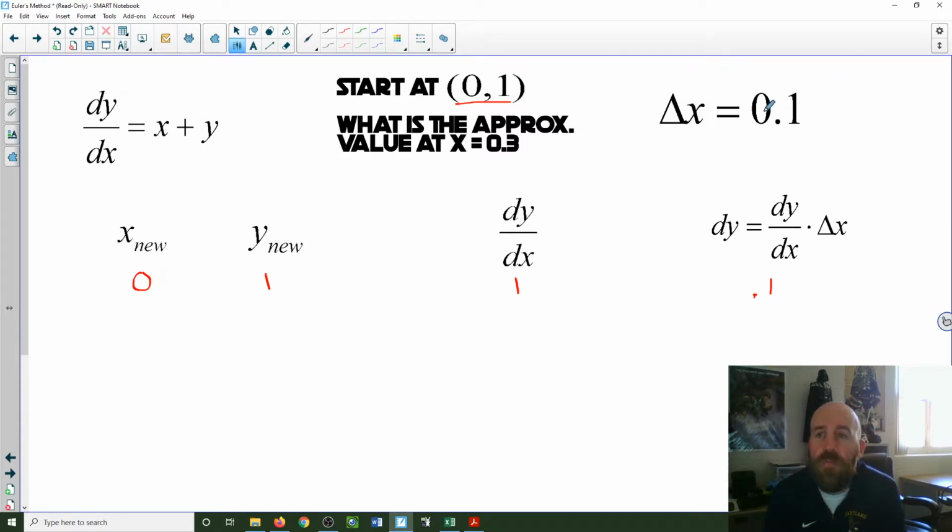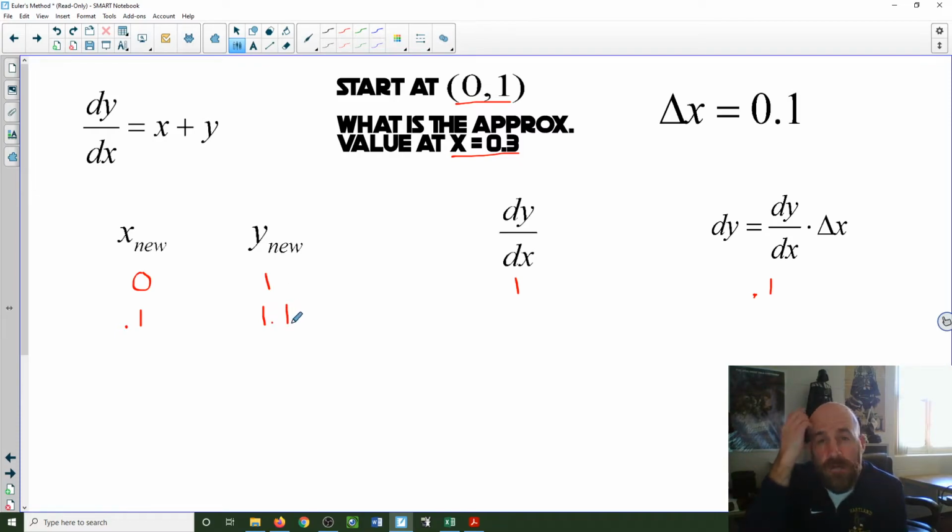So 0 plus 0.1 gets us to 0.1. Our goal is to end up at x equals 0.3. So we'll get there in a couple steps. So at 0.1, we need to find the y, so we use the change in y to find that value. So 1 plus 0.1 is 1.1.